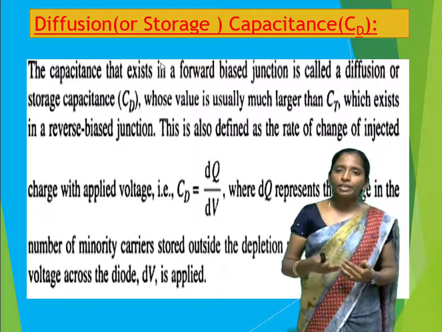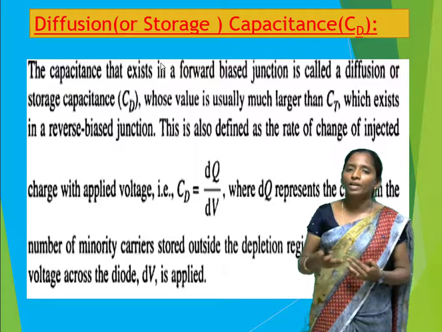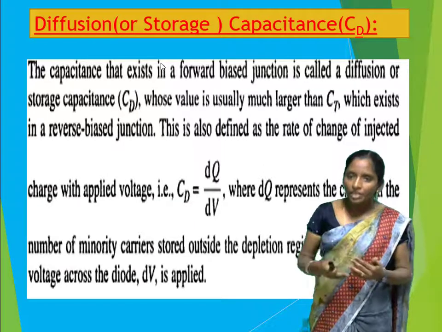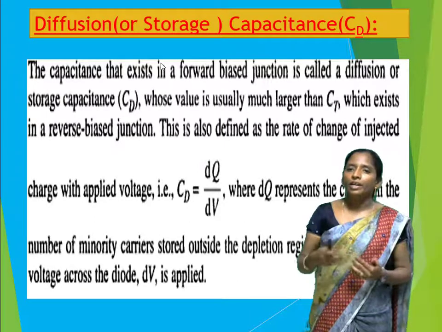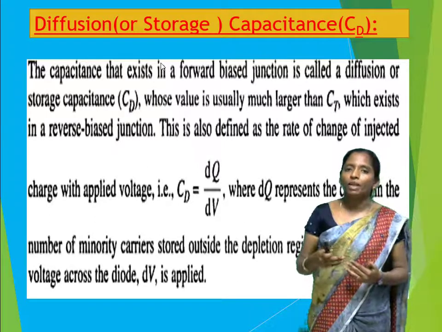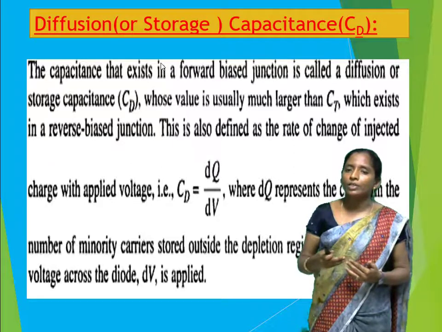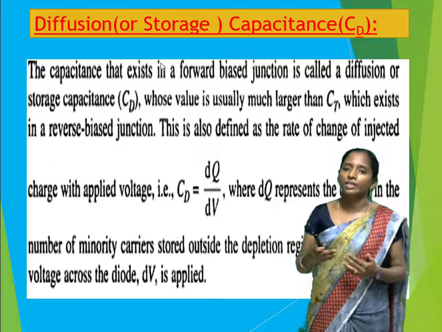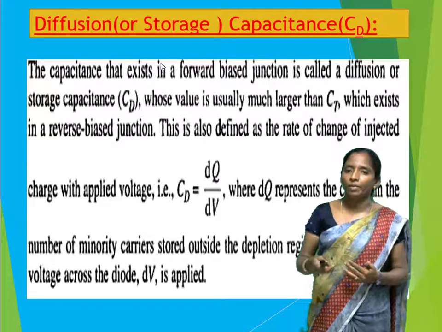It is defined as the rate of change of injected charge with applied voltage, CD equal to dq by dV, where dq represents the change in the number of minority charge carriers stored outside the depletion region when a change in voltage across the diode dV is applied.